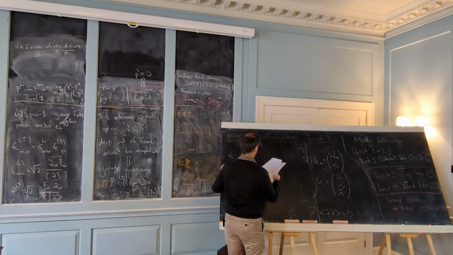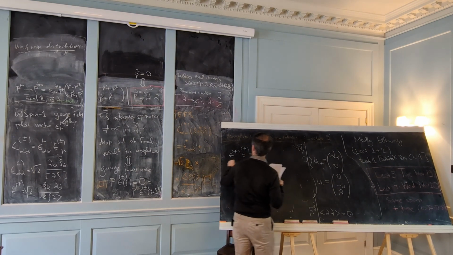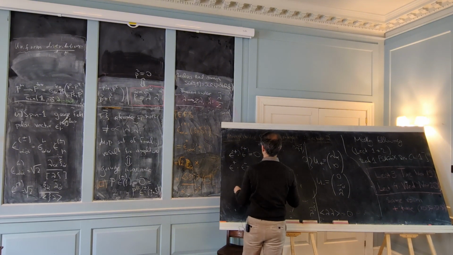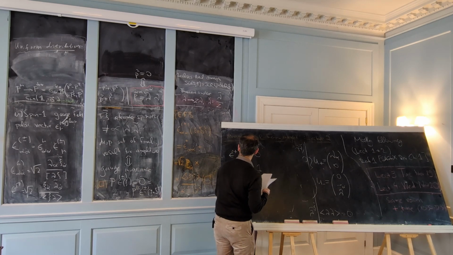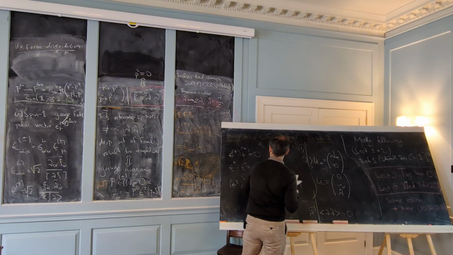We showed or we discussed that E plus minus squared equals 0, E plus dot E minus equals minus 1. And this is equivalent to saying that E1 squared equals E2 squared equals 1.